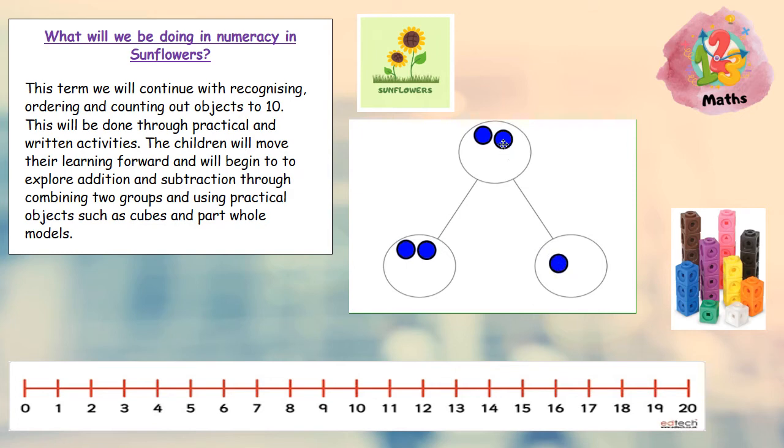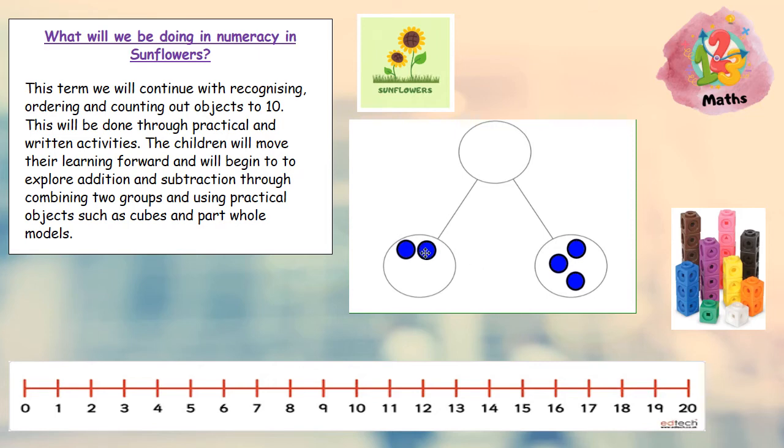So here you can see we have 2 in this part and we have 3 in this part. So children will start to learn that 2 and 3 make 5 because that's how many we started off with at the beginning.